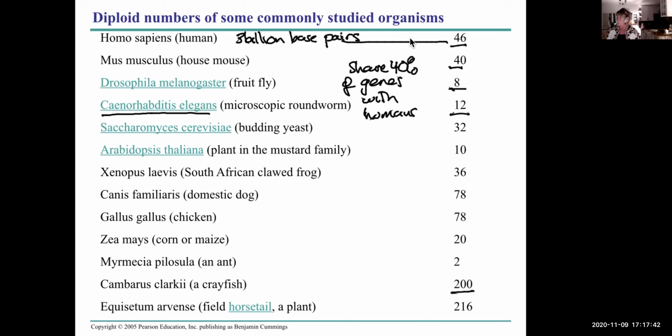I think it's only about 1% that actually codes for anything. So a lot of it is non-coding, and it's thought that some of it is left over from our evolutionary past. So we still have the DNA, but it doesn't get transcribed.